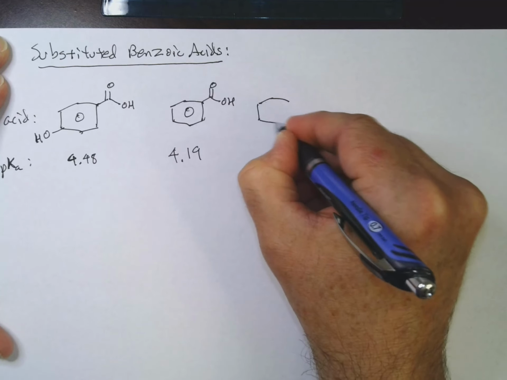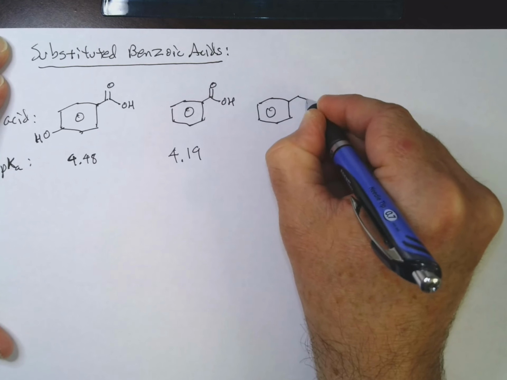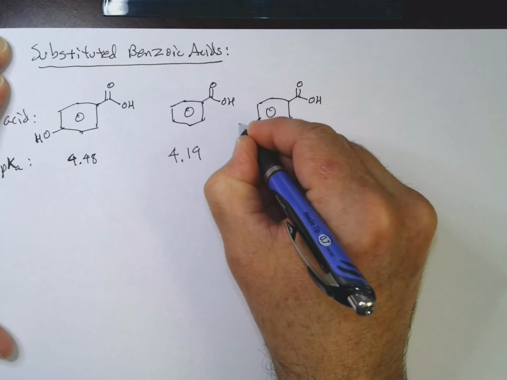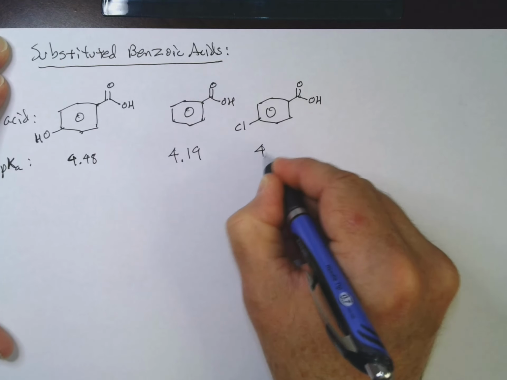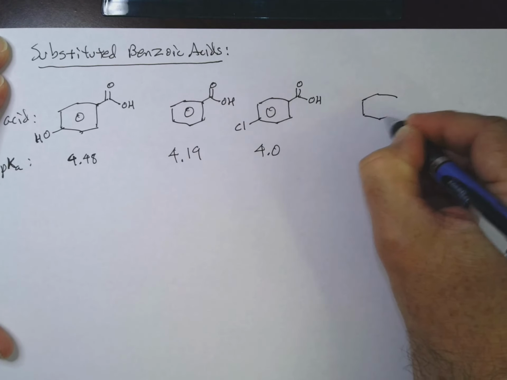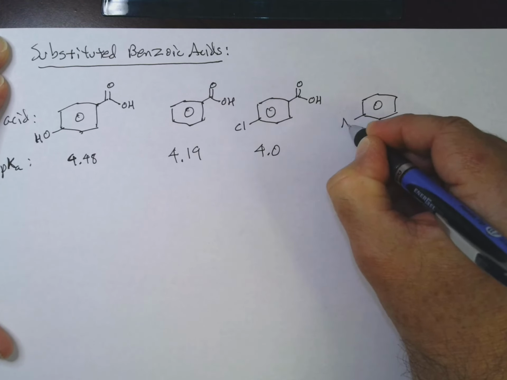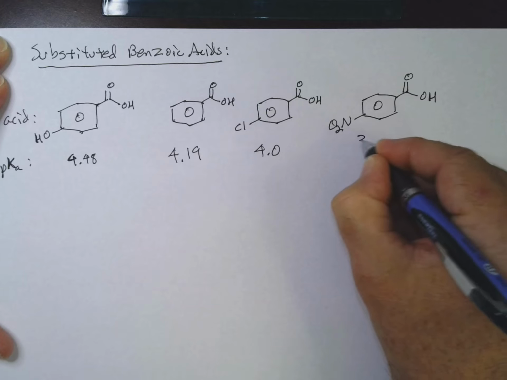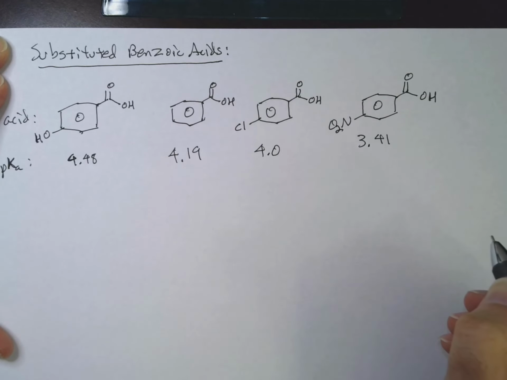So what's going on here? Well, let's take a look at some other substituents. If we had para-chlorobenzoic acid, our pKa is 4.0. And then para-nitrobenzoic acid, our pKa is even lower, 3.41.